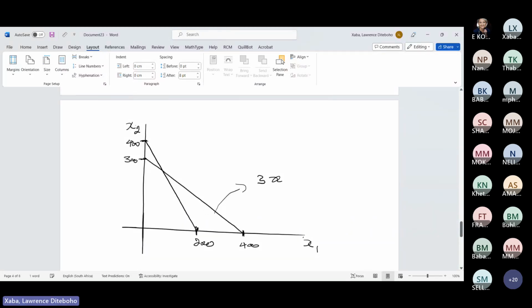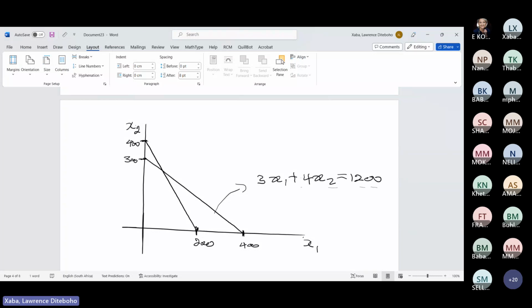The equation there is 3x1 plus 4x2 equals 1,200. So from this equation, these are the values, and these two values represent this equation.